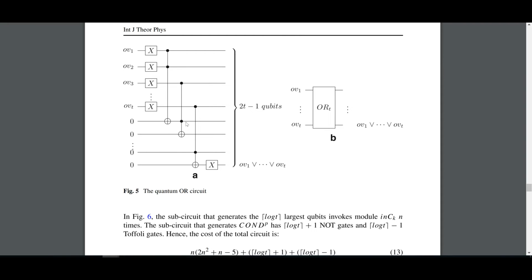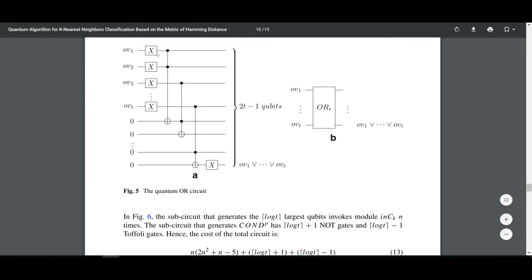Maybe I should add more qubits again. Exactly, because they do an OR, so they negate them, and then they basically do a Toffoli. This means that if both here are 1, this is going to be flipped to 1.